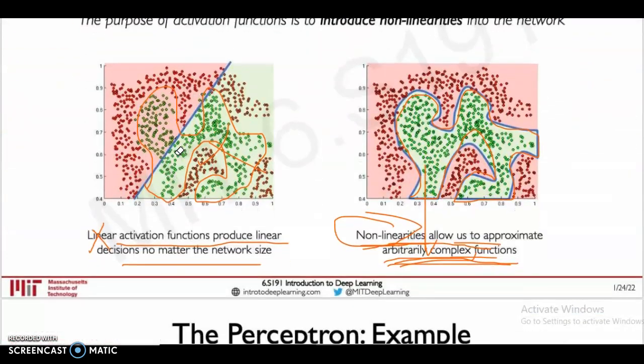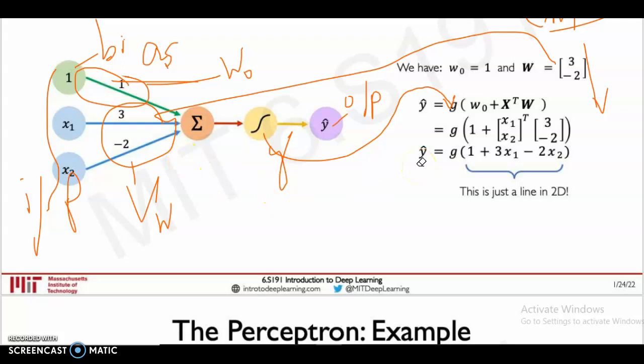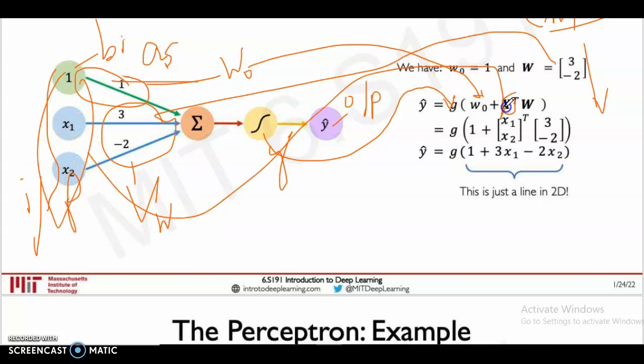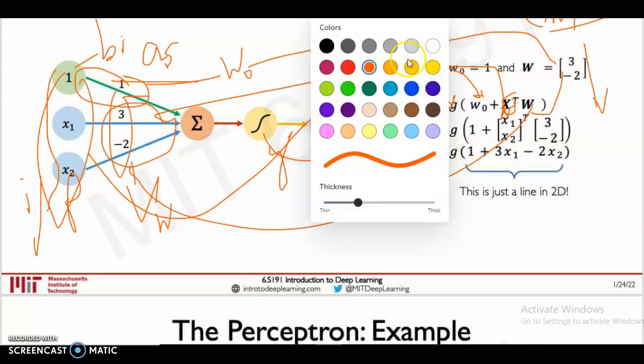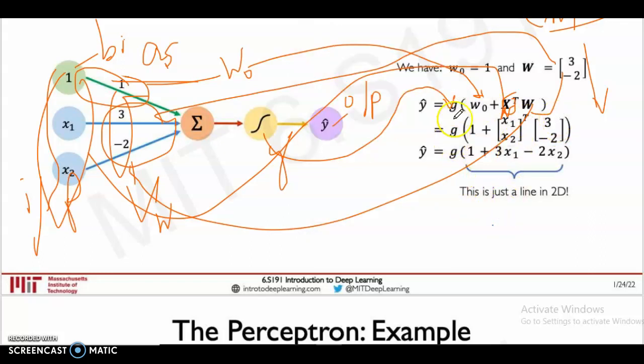Sigmoid function. W naught is the bias. Y cap equals g of W naught plus X transpose W, which is g of 1 plus the transpose of X1 X2 times 3 minus 2.